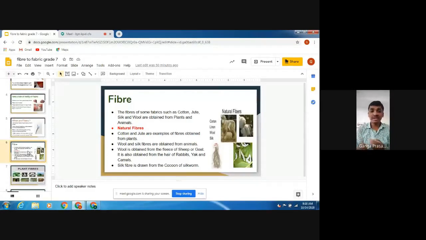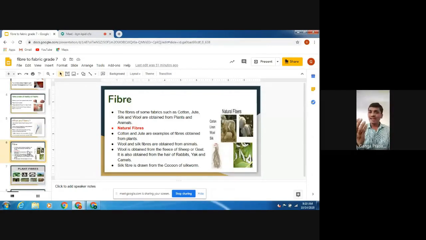For example, we get fibers from animals like sheep, goat, camel, yak.